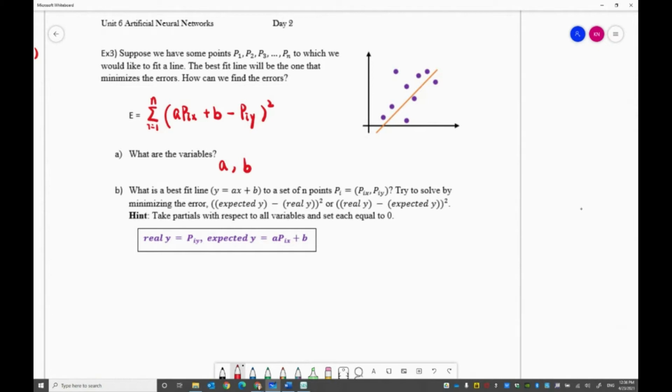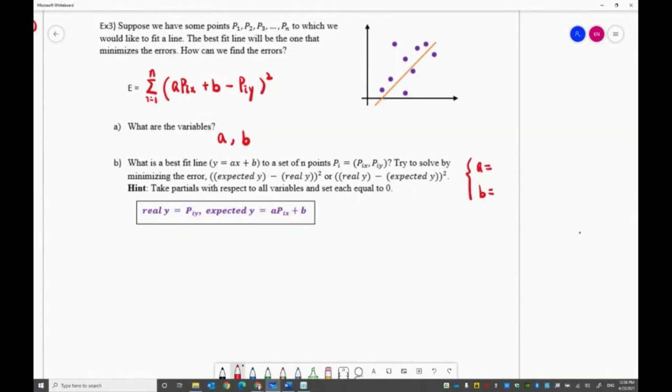We are going to solve for a and b by using derivatives. Our goal is to find the best fit, so we need partial e with respect to a to be 0, and then partial e with respect to b to be 0.